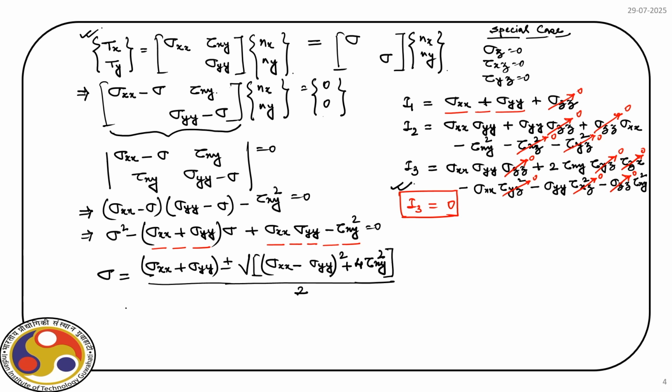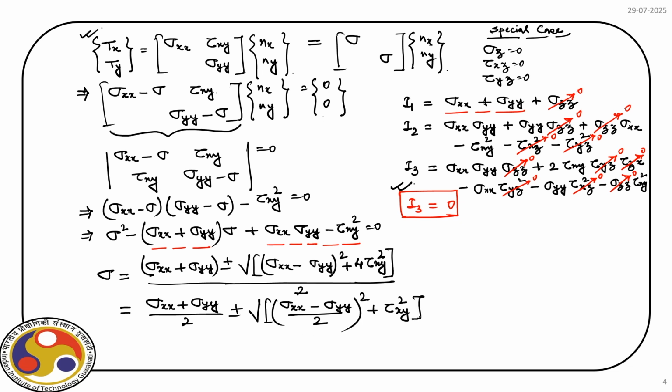We can further simplify this. What we get is sigma xx plus sigma yy by 2 plus minus, then we take this 2 inside. So, we will have sigma xx minus sigma yy by 2 whole square plus tau xy square.